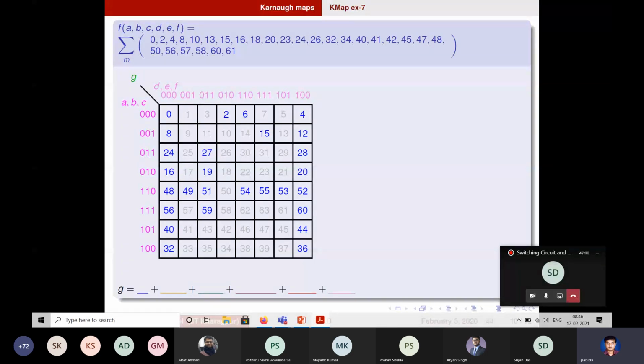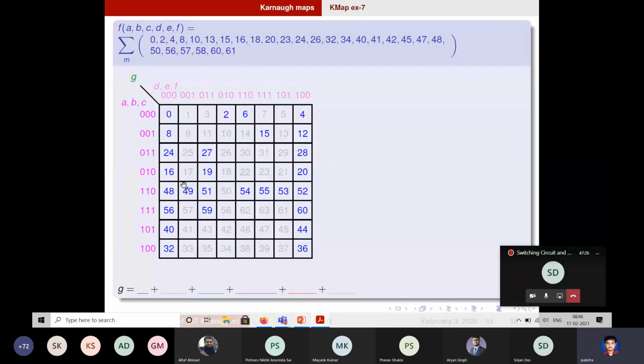Right. So let's see. Just like before, two columns which are mirror images along the vertical axis are adjacent. Similarly here, two rows which are mirror images along this middle horizontal line are also adjacent.